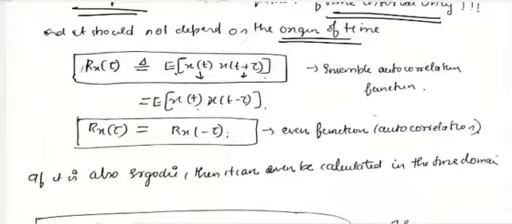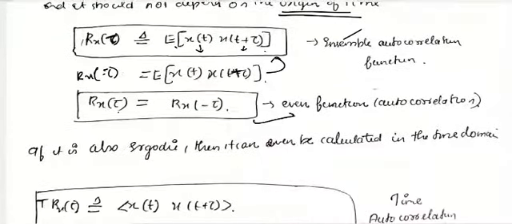No change in that, and Rx of tau is equal to Rx of minus tau. This is a very important property of an autocorrelation function. This is known as ensemble autocorrelation. There is another one known as time autocorrelation function too, we will come to that. The autocorrelation function is an even function, that is Rx of tau is equal to Rx of minus tau.